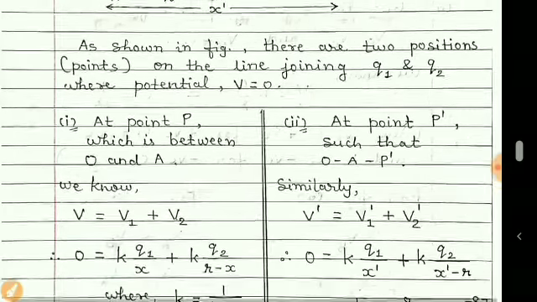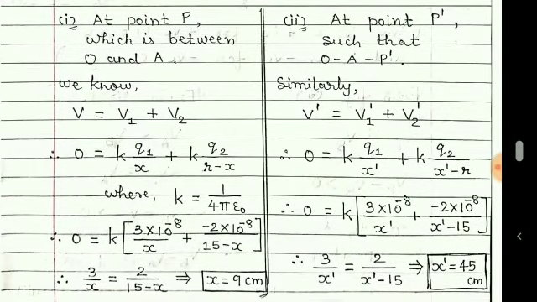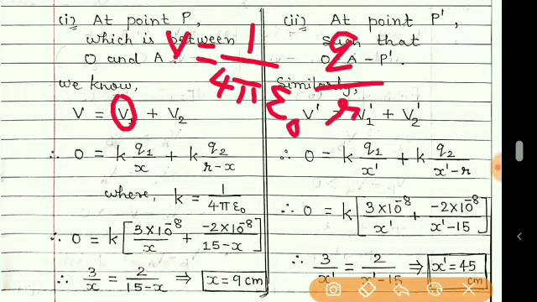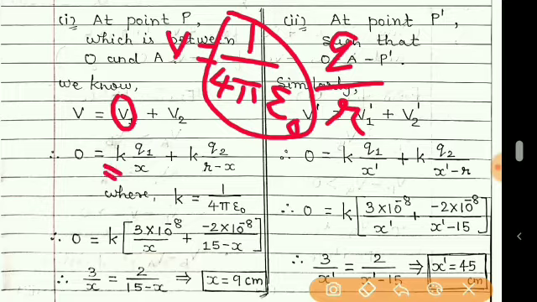Now, the formula for potential V is K Q by R. Actually it is 1 upon 4 pi epsilon naught times charge Q upon distance R. But here in place of 1 upon 4 pi epsilon naught, we can write in short the constant K. But when we write K here, we need to mention that K is 1 upon 4 pi epsilon naught.